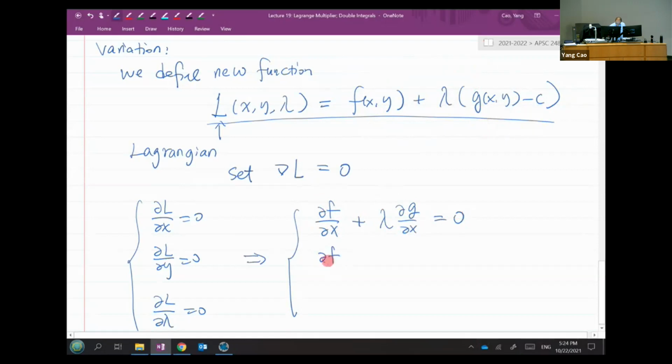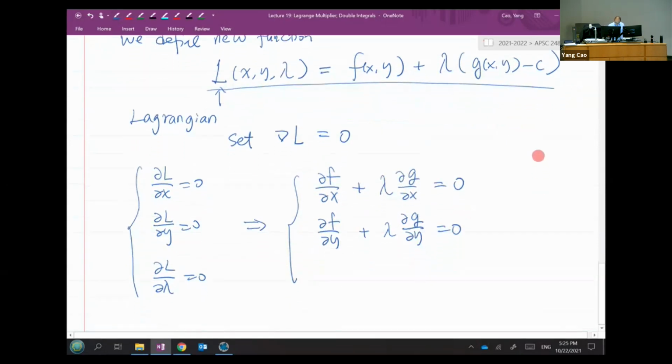Then similarly, you get partial L over partial Y. And the last one, partial L with respect to lambda. When it's partial lambda, everything else is considered a constant. So you get g of x, y minus c equal to 0.